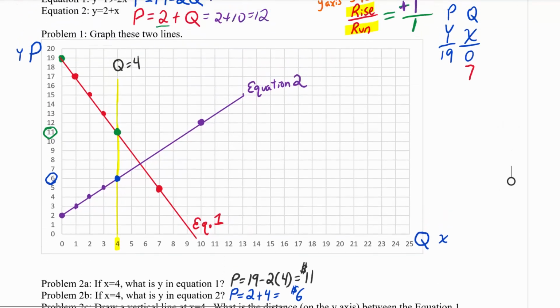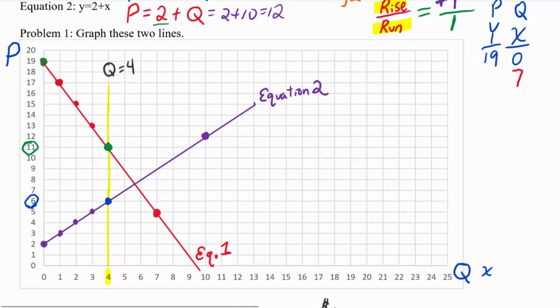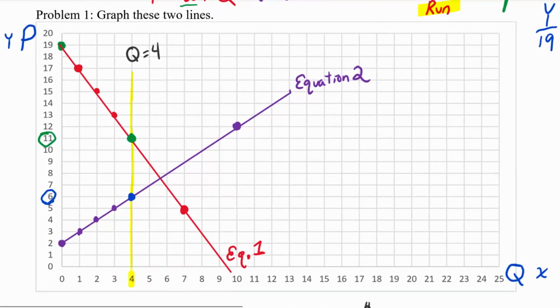So now let's look at both lines together, and let's make up a little story to go along with what we're talking about. So suppose equation 1 tells us something about how much people are willing to pay for this product. That $11 would tell us something about how much people are willing to pay. The purple line, equation 2, might tell us something about the cost of producing these goods.